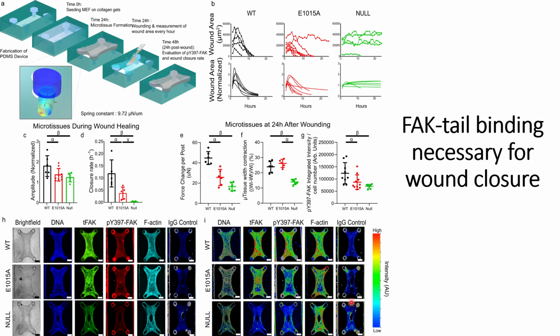And then they check the heat map also, and in this case they can see that for the DNA the intensity seems similar, but for the TFAK we can clearly see that intensities are higher for the wild type, then minimum for the E1015A, and lowest or negligible for the case where FAKs are not present. And the activation of the phosphorylations also follows the same trends, highest for the wild type, then comes the mutated FAK, and then comes the null or no FAKs.